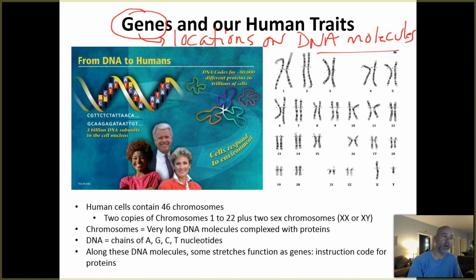But that's really all they are. They're these long chains of A's and G's and C's and T's. But the order, the sequence of those A's and G's and C's and T's can function almost like chemical letters that provide instructions that tell the cell how to make proteins.